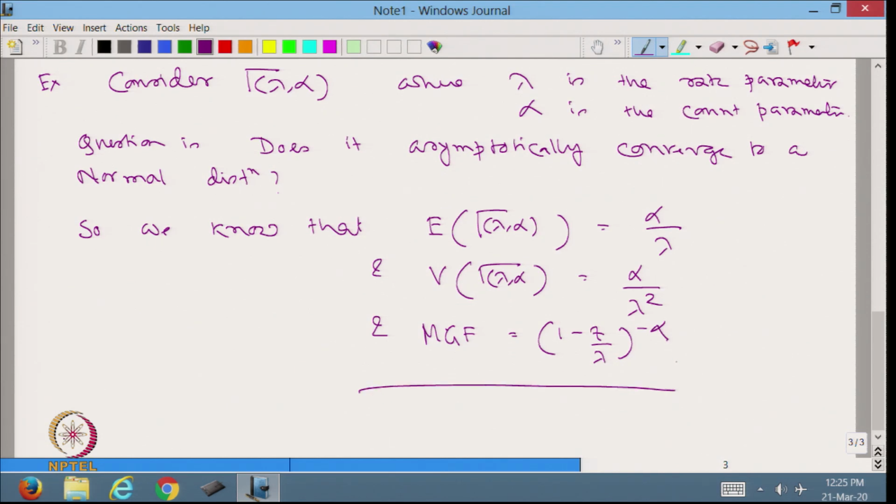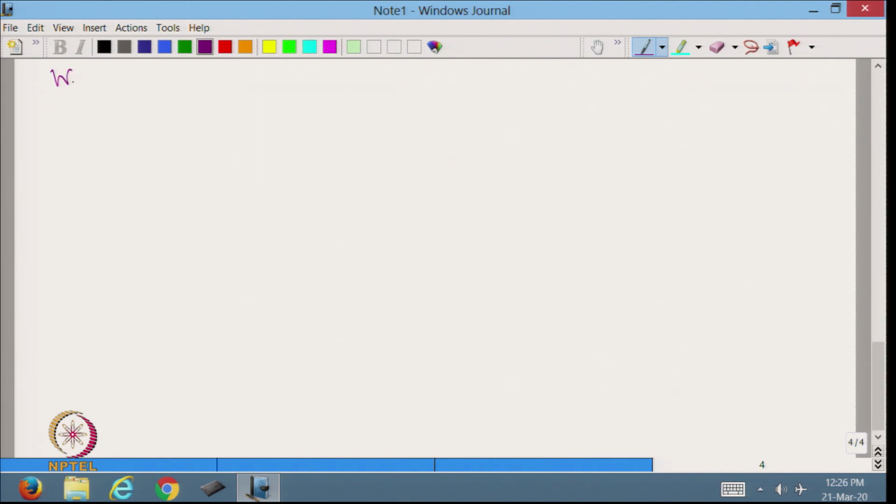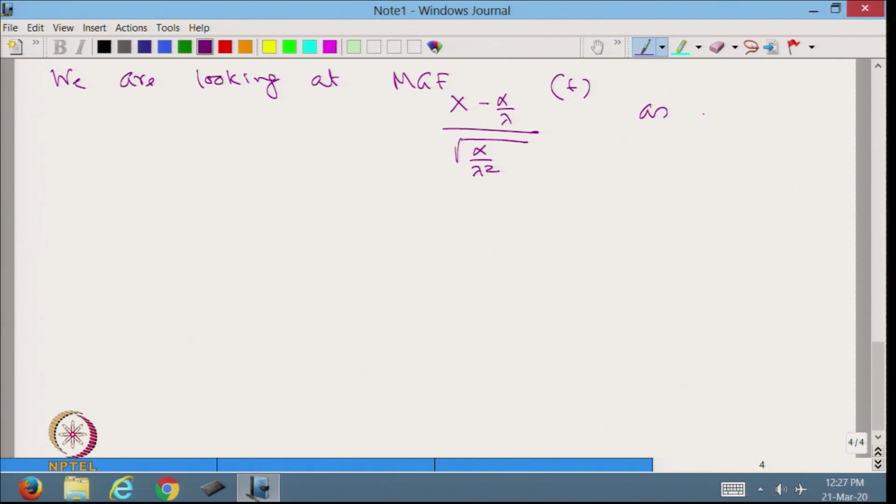These results we know. We are looking at the MGF of x minus alpha over lambda divided by root over alpha over lambda square at t as alpha goes to infinity.